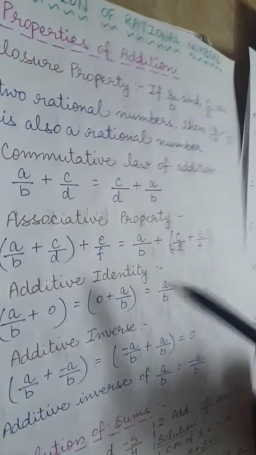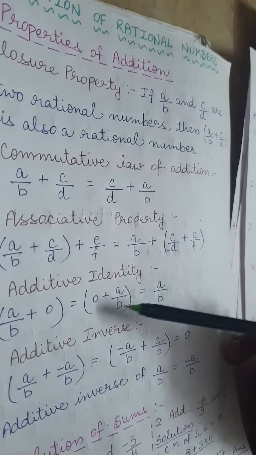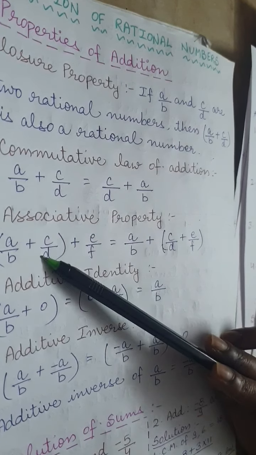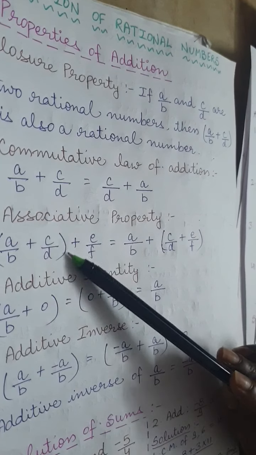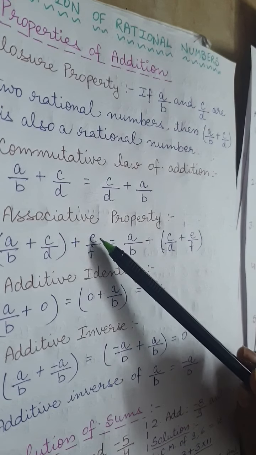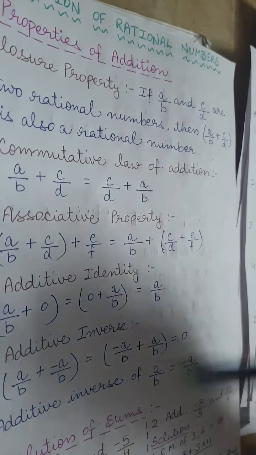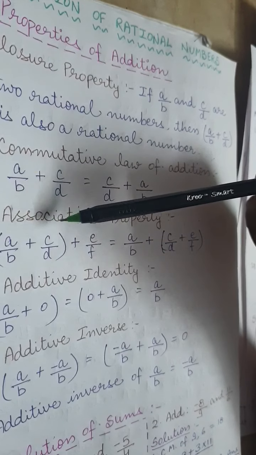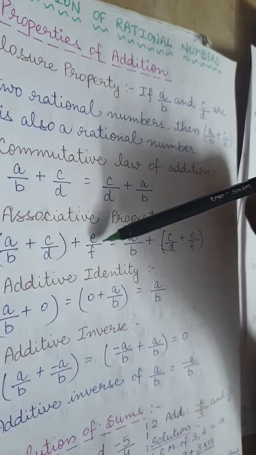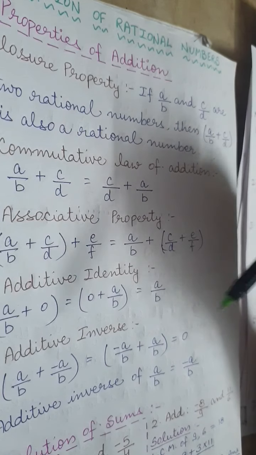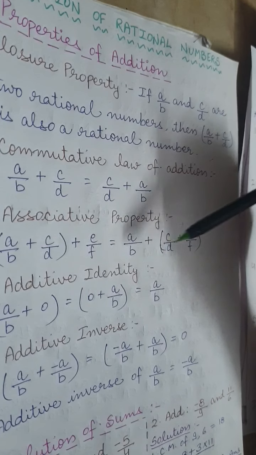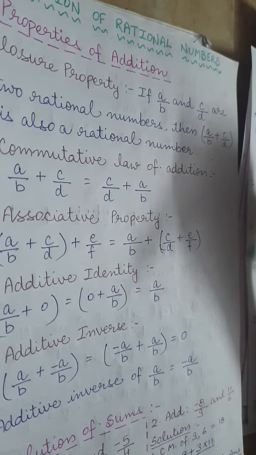The next is the associative property. In the associative property, A upon B plus C upon D, firstly we solve the bracket. Then to the answer that we got, we add E upon F. And on the RHS it is equal to A/B plus C/D plus E/F.